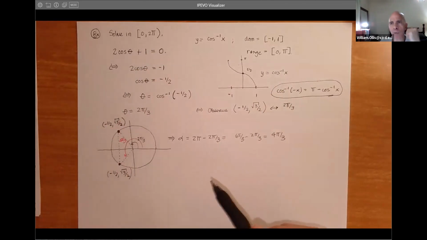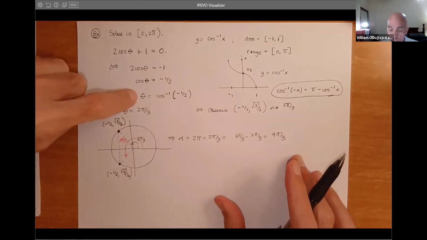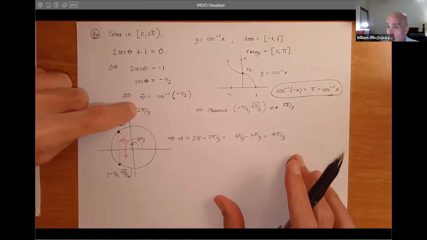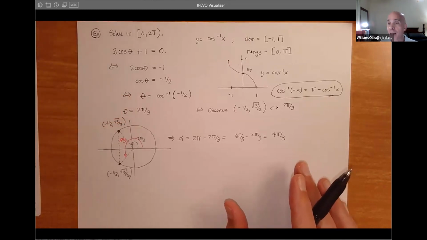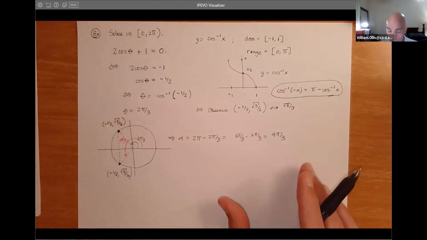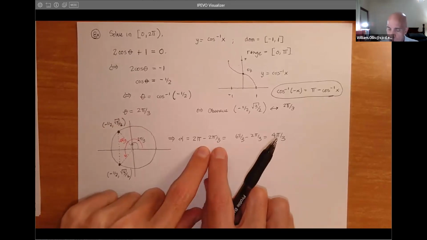Then we're thinking, well, the unit circle gives us functions that aren't 1 to 1. So if we're going to abide by the arithmetic and the symmetry of the unit circle, we can start the ball rolling with the inverse trig function to get a solution, and then we can adjust to find a second one that we know exists, which is right here. Now, why do we like this construct?